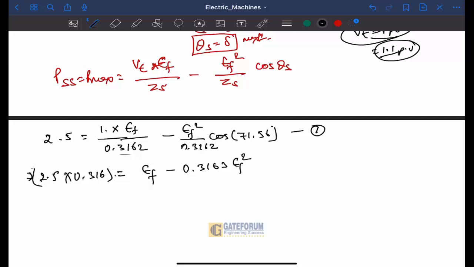That equation was simplified, but I will solve it. 0.3163 EF square minus EF plus 2 plus 0.7909. This is the quadratic equation. We have to solve this.